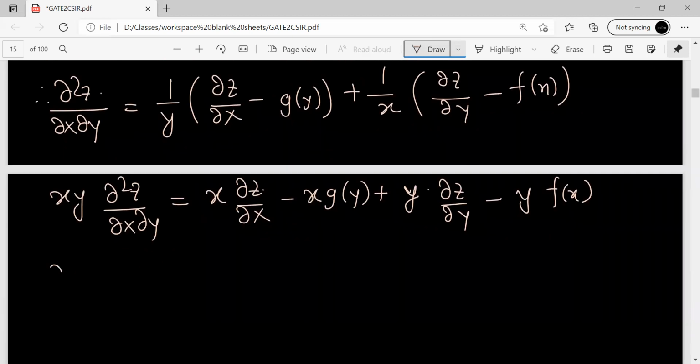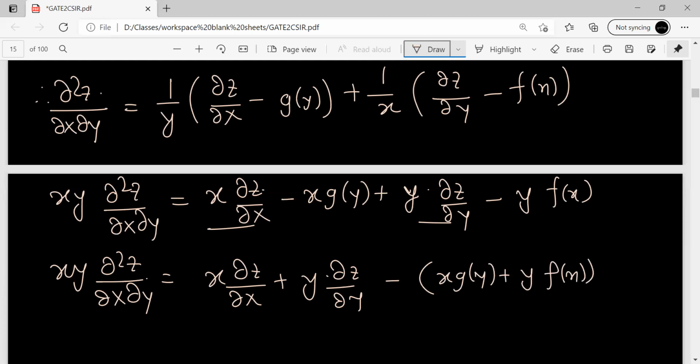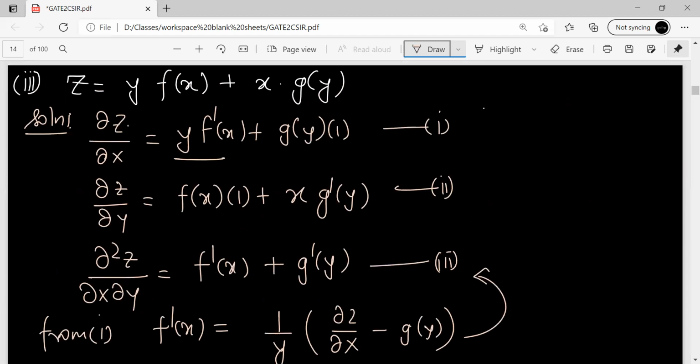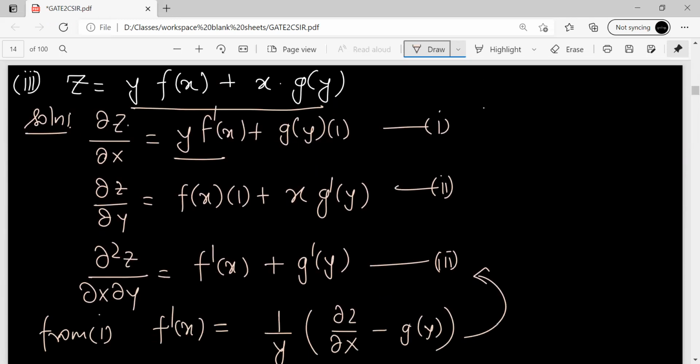Now I'm taking these two terms and take minus common and write down x g of y plus y f of x. Well, this seems to be very familiar. Go back. Isn't it same? y f of x plus x g of y, so it will be same.